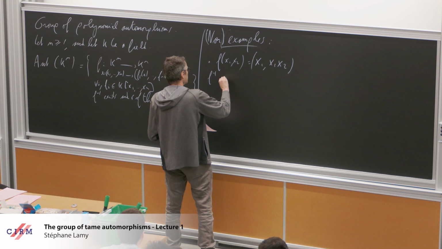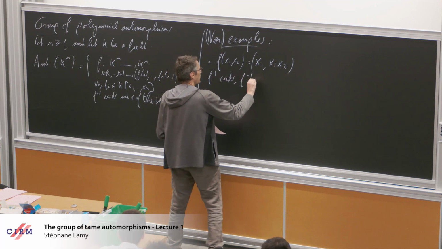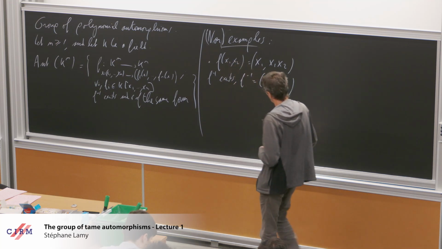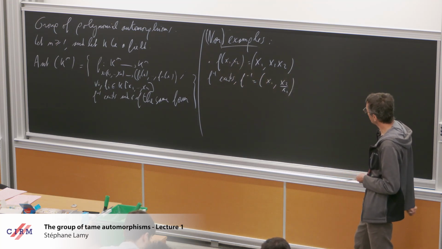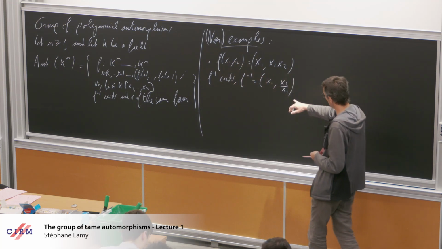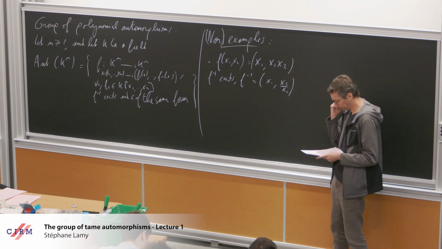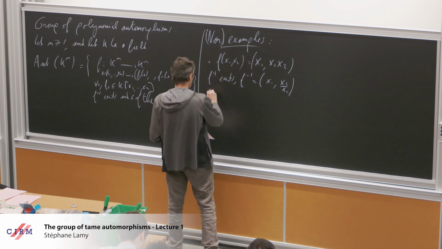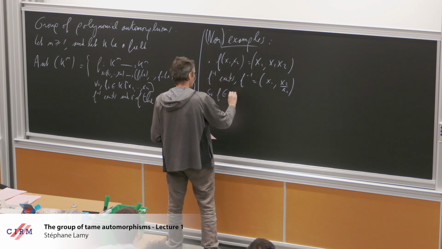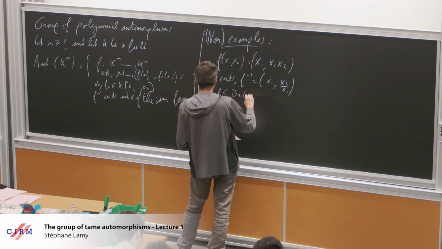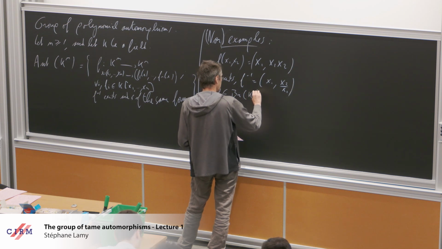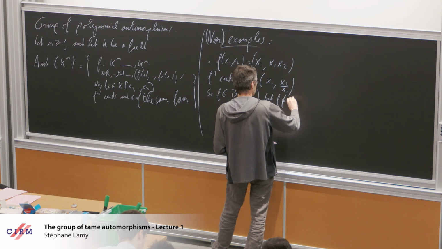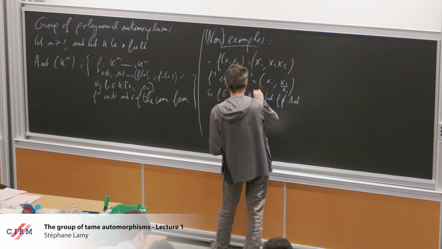So f^-1 exists, f^-1 is (x1, x2/x1). So it will fit in the group of birational maps of k^n, but it's not in my group because it's rational, not polynomial. So this one will be in Bir(k^2), but f is not in Aut(k^2).